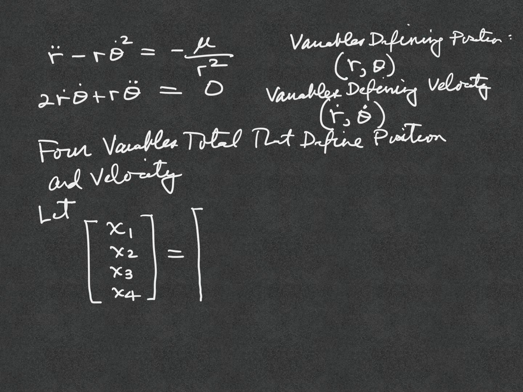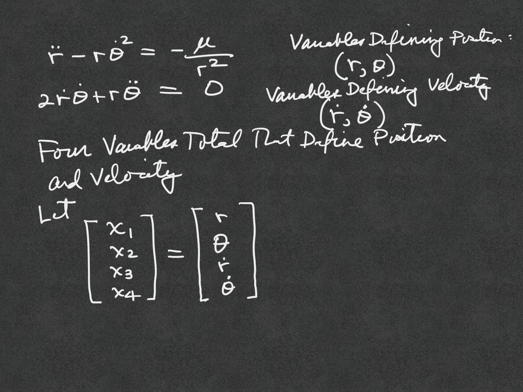These are equal to, well, the 2 variables that define position are r and theta. So I've got 2 variables there. One is for the first component of position. The second is for the second component of position, or the 2 variables that define the position. Now, for the velocity, I need to use the derivatives, r dot, theta dot. Now you can see that when I do this, I'm not going to wind up having a complete description just from this information alone, because I have second order equations up there.